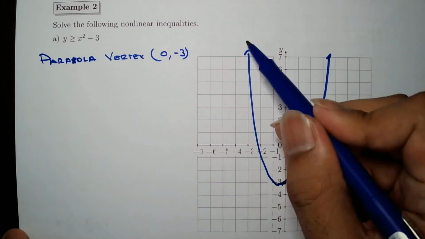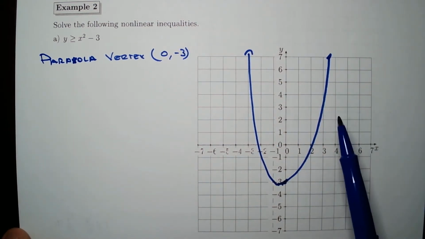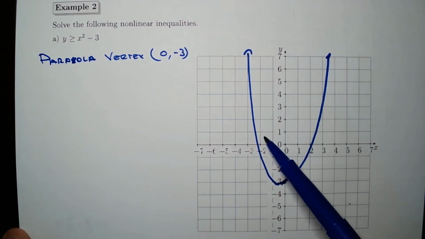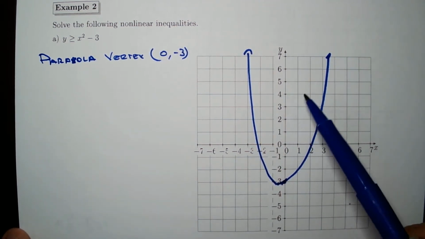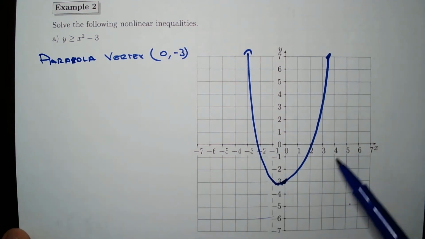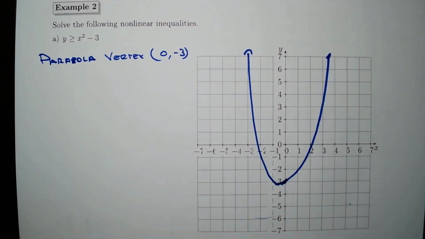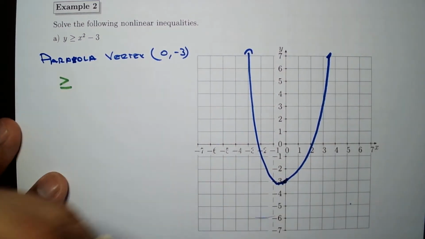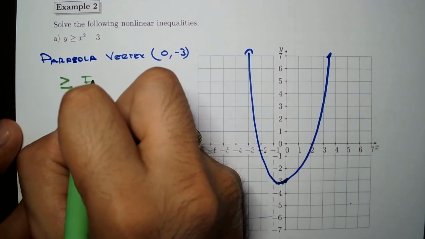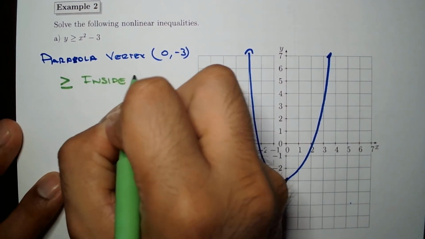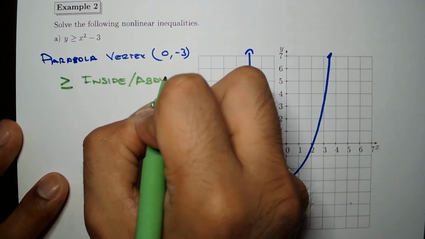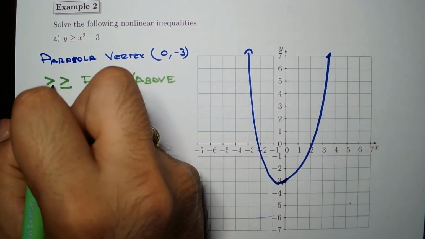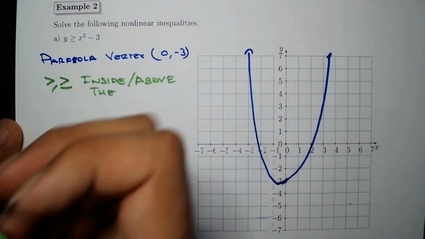And now, when we draw this parabola, it will divide the Cartesian plane into two regions: the one above the parabola, or inside, and the one below the parabola, which is outside. So greater than or equal means inside or above the parabola.